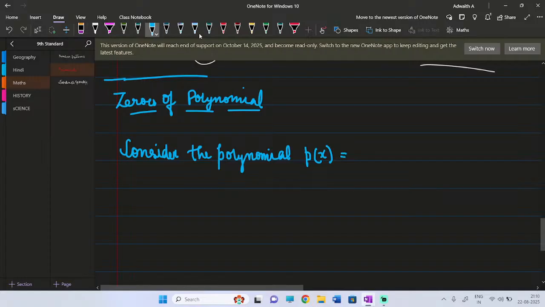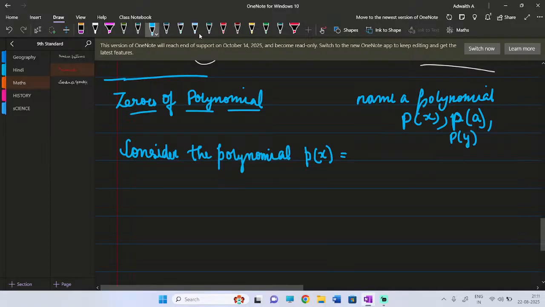You can name a polynomial. The name of a polynomial does not matter. P means polynomial, P of x. You can name it P of a, P of y, P of q. We usually use P of q, P of a and P of x.